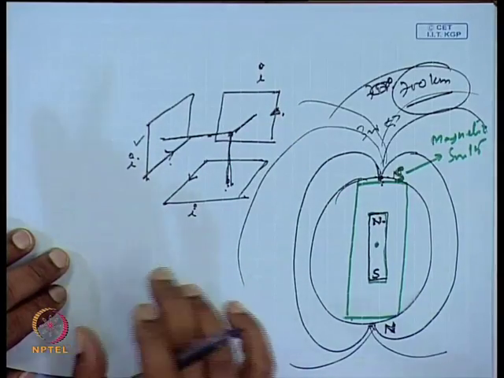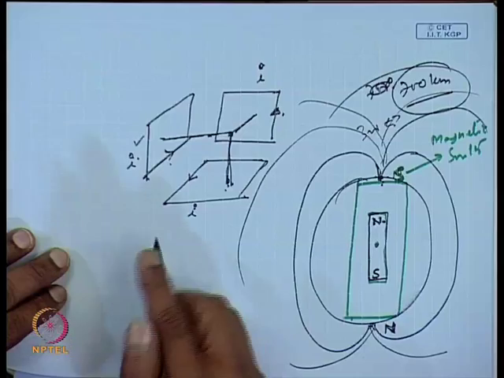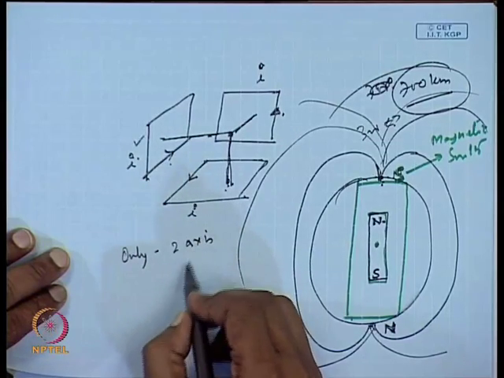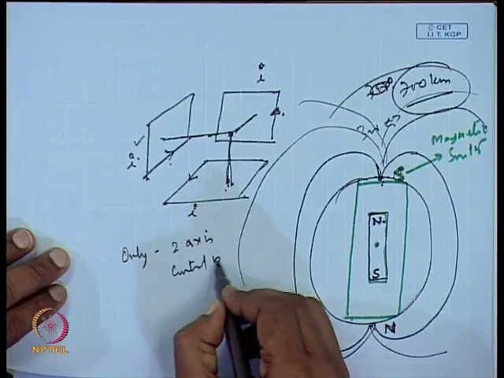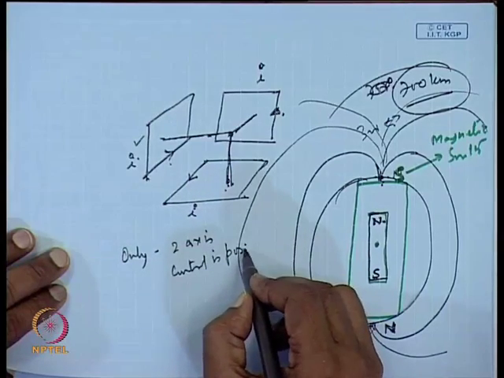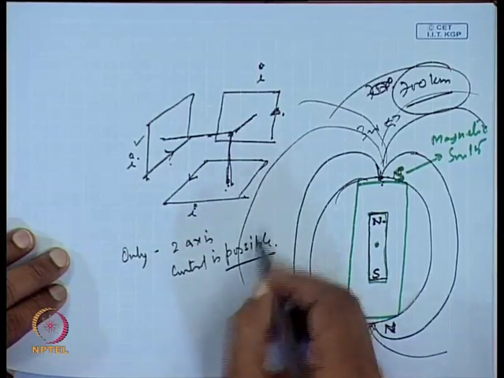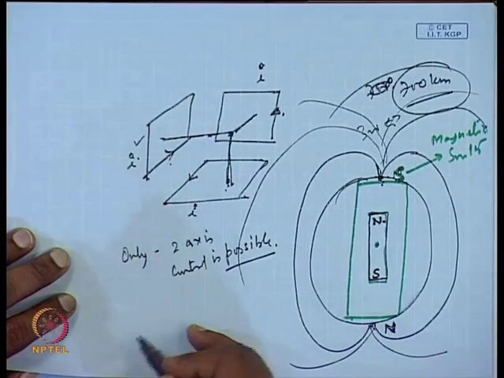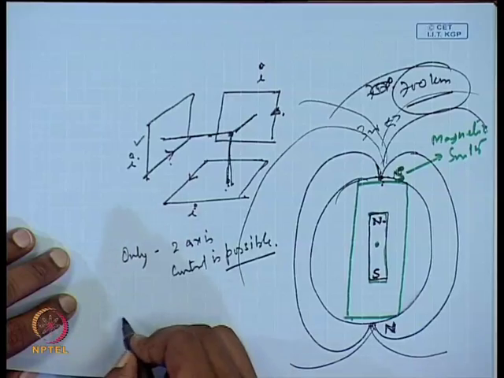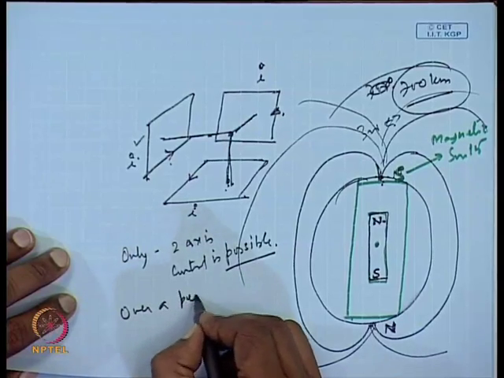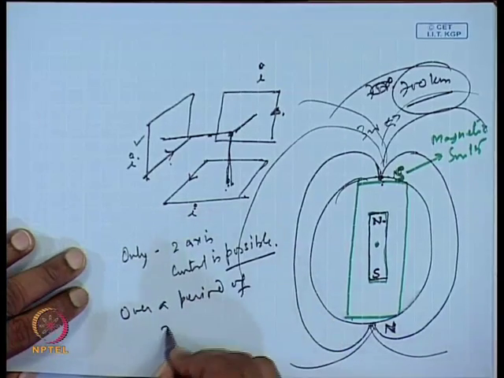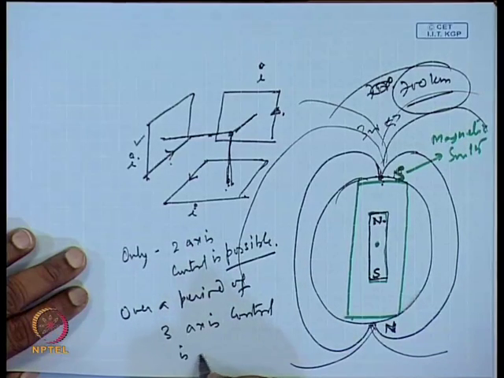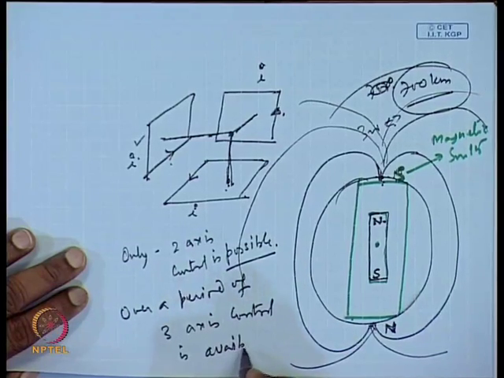At any time, in the case of magnetically actuated satellites, only 2x control is possible at a particular instant of time. Again, we need not go into the details, but it will suffice to say that over a period of time, 3x control is available.